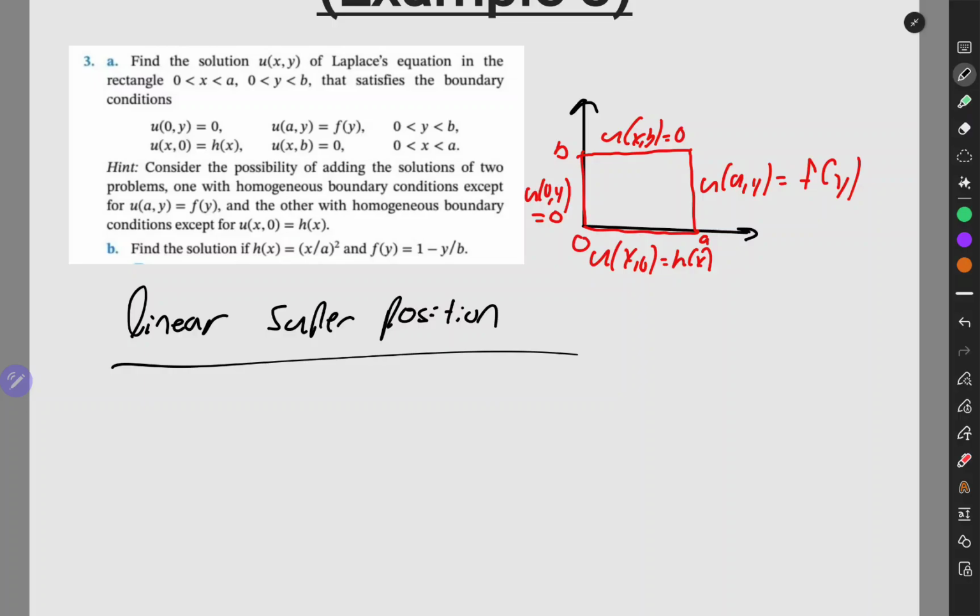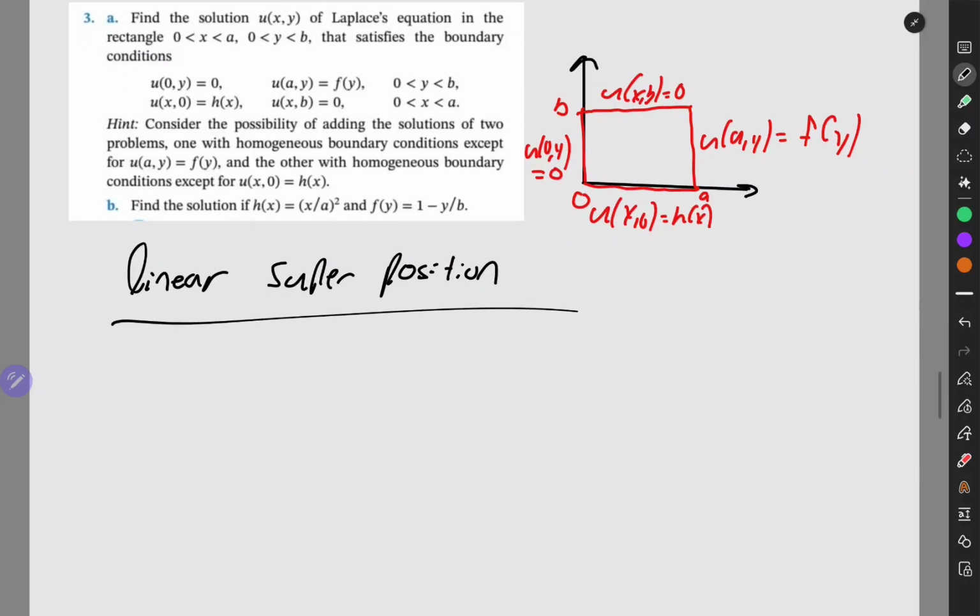So for example, in this problem, we can turn it into two problems.